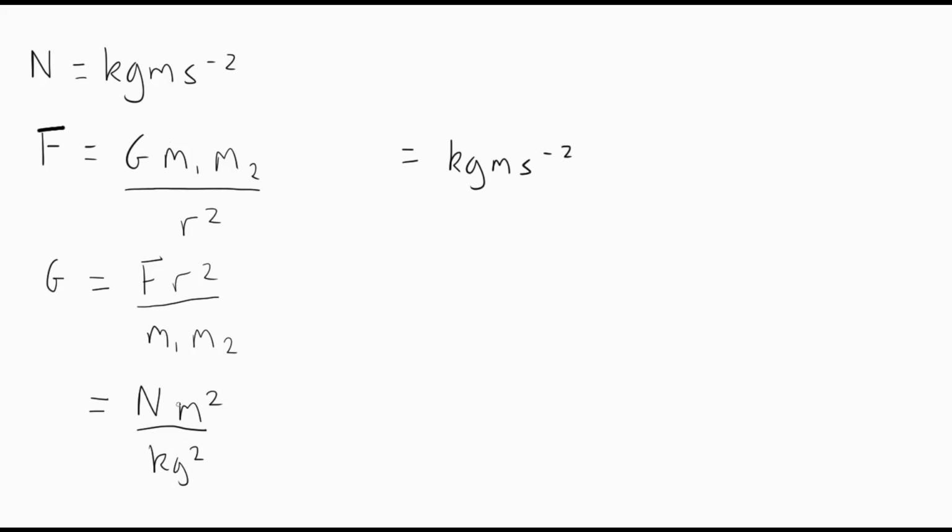So when we've got newtons multiplied by meters squared, we've actually got kg m s to the minus 2 multiplied by meters squared. This whole thing is then over kilograms squared. Well, let's see if we can tidy this up a little bit.